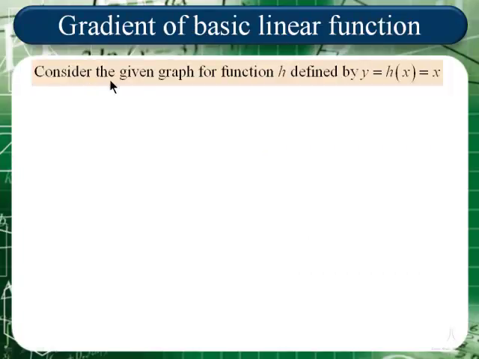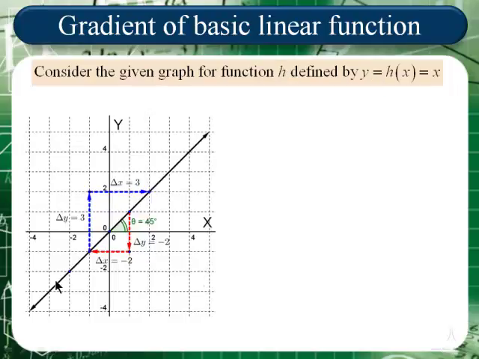Next we look at the gradient of the basic linear function. Again we consider the function h defined by y equals x, and as we've seen in the previous slide, if we sketch this, we get this particular straight line passing through the origin, making an angle of 45 degrees with the x-axis.